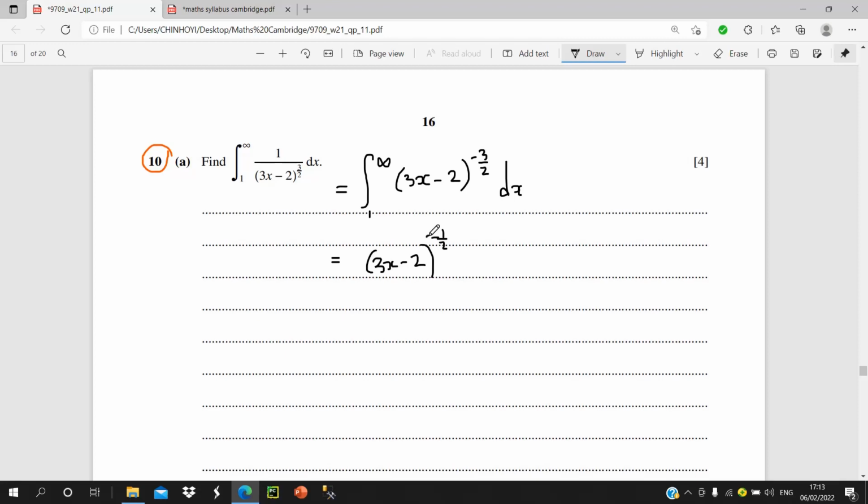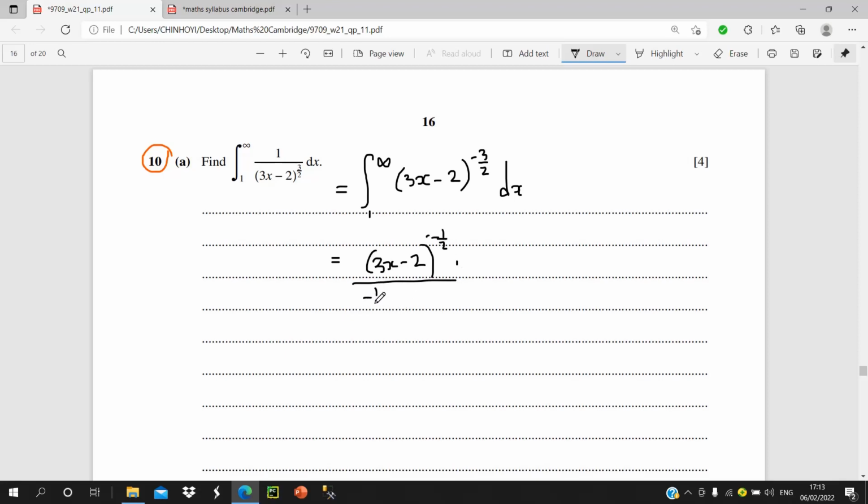So this is negative half. After adding 1, you get minus half, then you divide by the negative half.